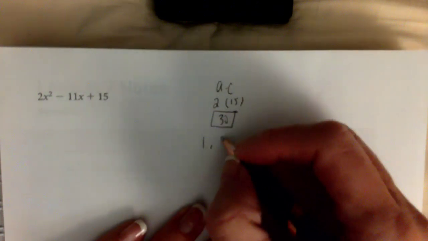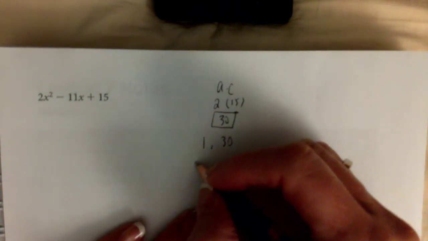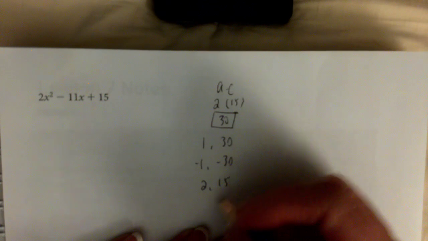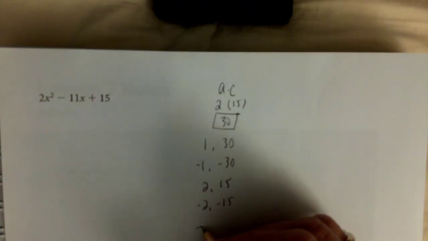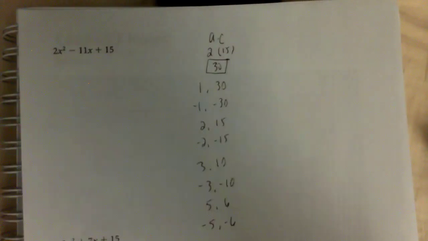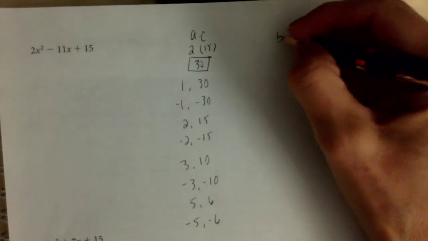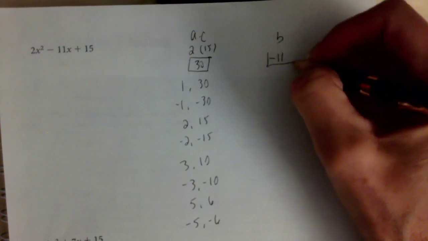So this time we have 1 and 30, a negative 1, negative 30, 2 and 15, a negative 2, negative 15, 3 and 10, a negative 3, a negative 10, and then 5 and 6, a negative 5, a negative 6. And we want them to add to be B, which is a negative 11.